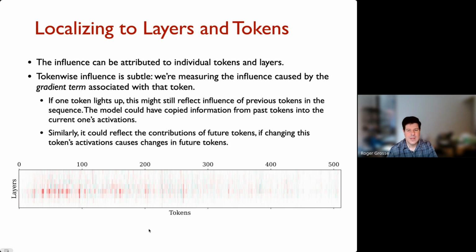Here's an example of the influence for a particular sequence as divided into tokens and layers. We've quantized the layers into 9. The influence seems to be concentrated in roughly the first half of the sequence and a subset of the layers of the model.